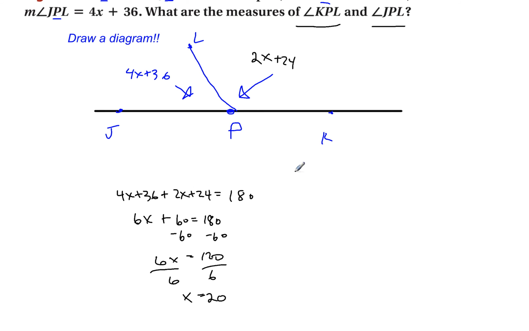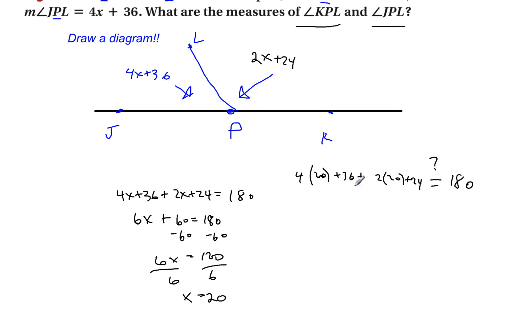Okay, so here we go. I have 4 times 20 plus 36, plus 2 times 20 plus 24. Is this equal to 180 degrees?